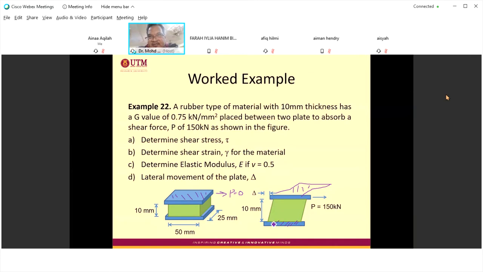Cannot move. So it can only move left and right. The bigger the load P, the bigger your angle. If P equals 0, the angle theta equals 0.